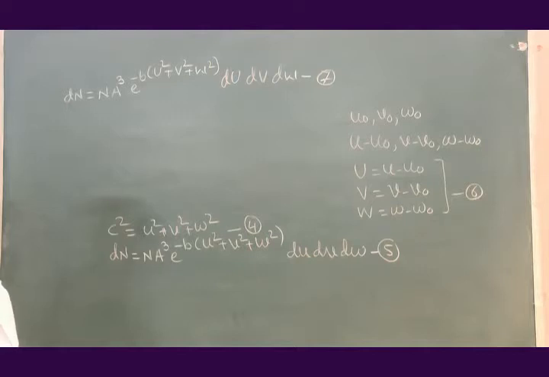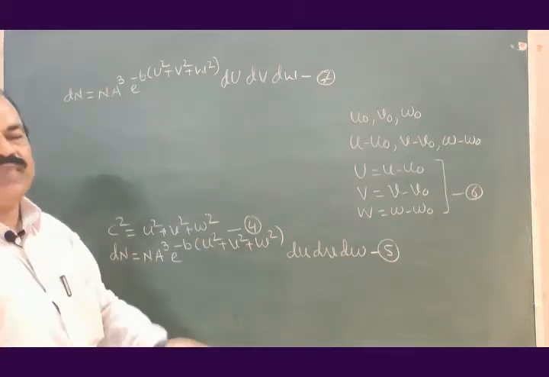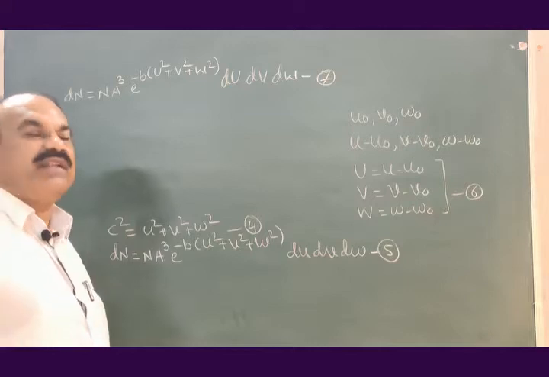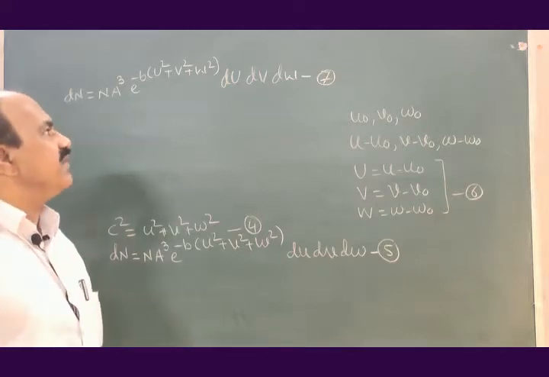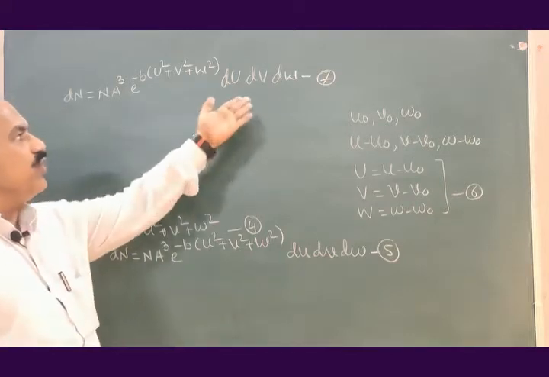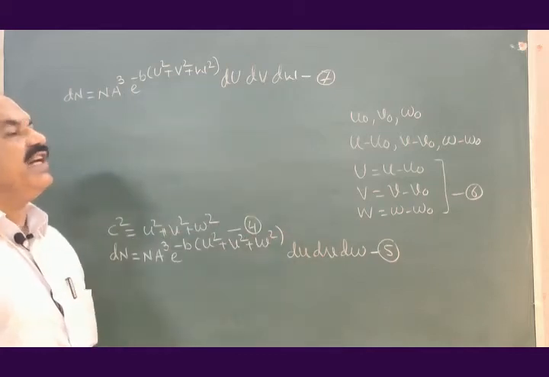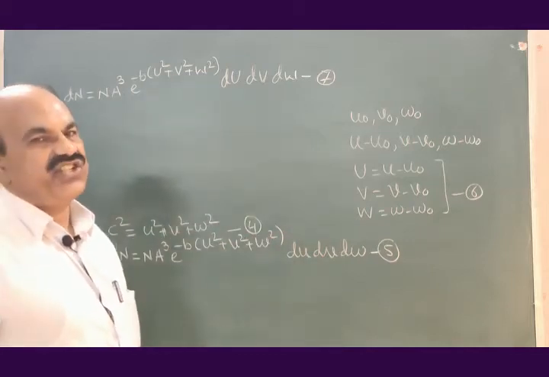Finally we got the expression dn is equal to n a cube e to the power minus b into in the bracket capital U square plus capital V square plus capital W square into du dv dw. Equation 7.